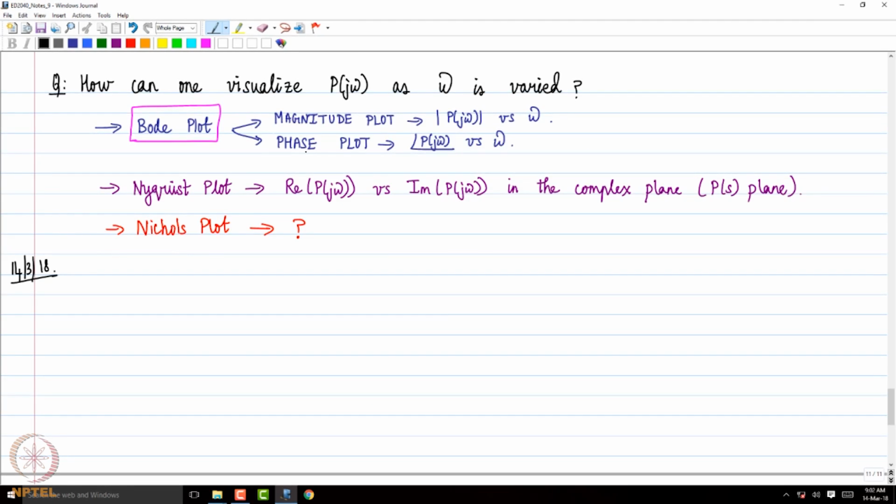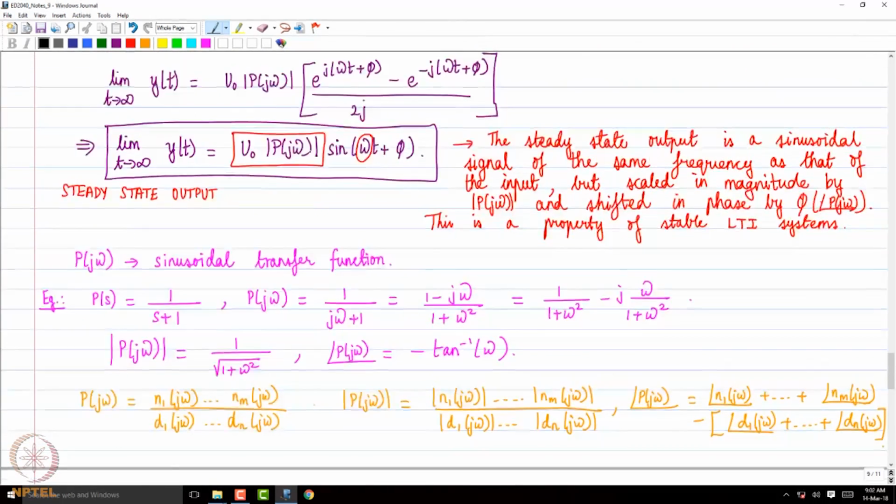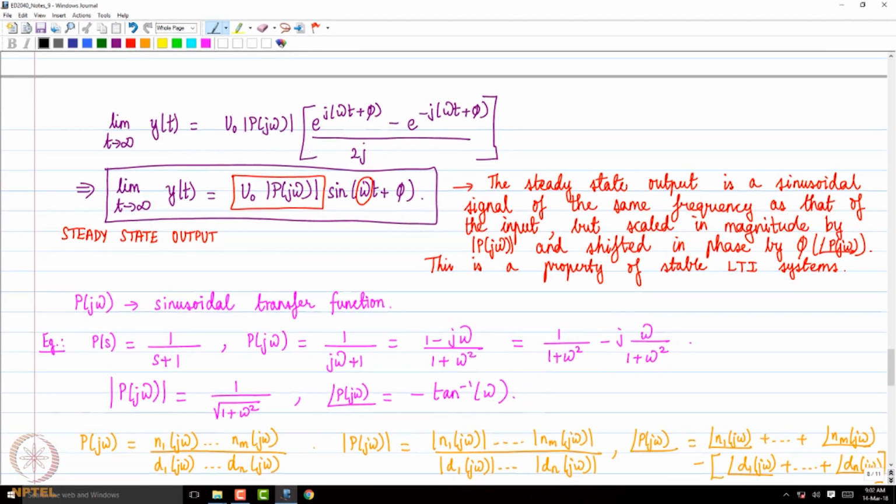One important property of linear time invariant systems is that if we give a sinusoidal input of frequency omega, the steady state output is also going to be of the same frequency omega, but the magnitude of the input is going to be scaled by the magnitude of P of j omega, P of s being the plant transfer function, and the steady state output is going to be a sinusoid shifted in phase by phi.